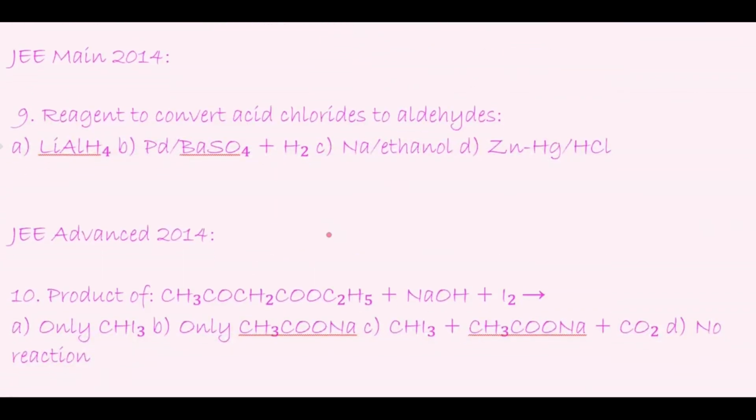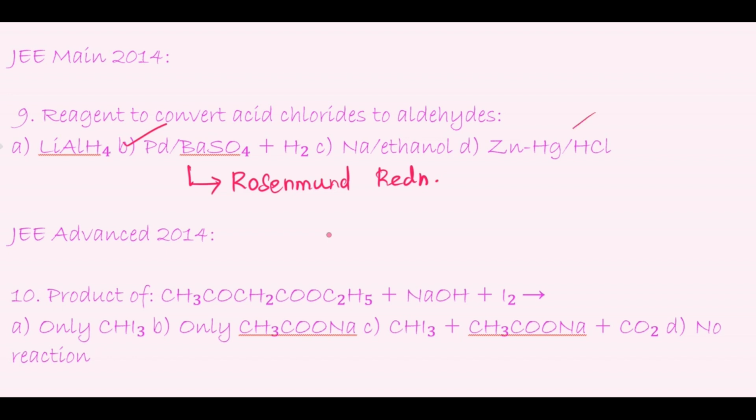Then, reagent to convert acid chlorides to aldehydes. So acid chloride to aldehyde, Rosenmund reduction. Rosenmund reduction means immediately this reagent should strike your mind. Rosenmund reduction.